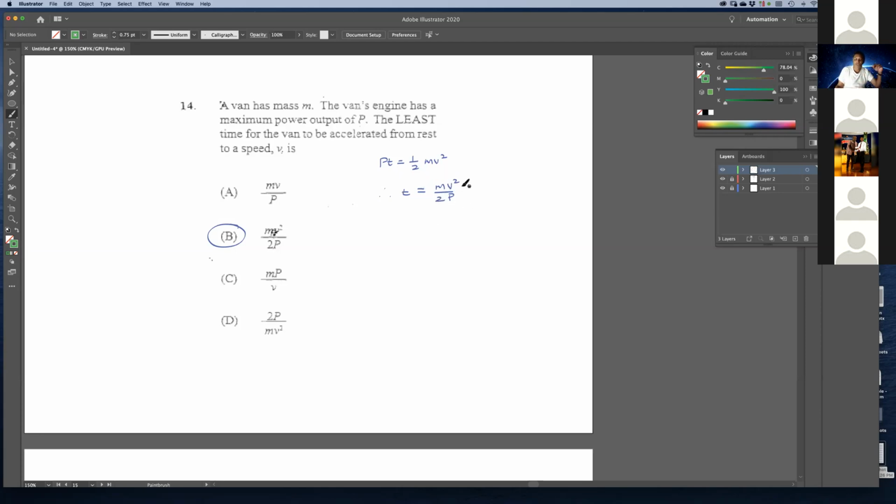Again, I'm starting with the equation: E is equal to half mv squared, and P is equal to E over T. I'm replacing the E, and I'm solving. We good?